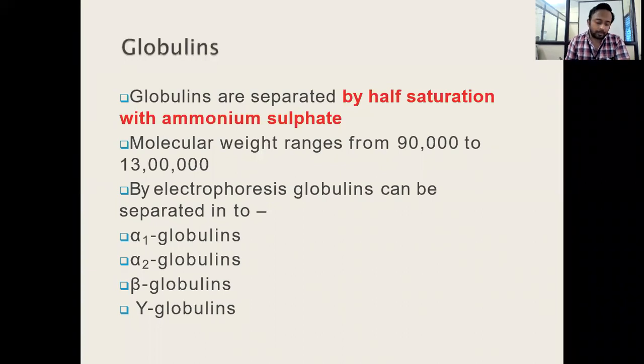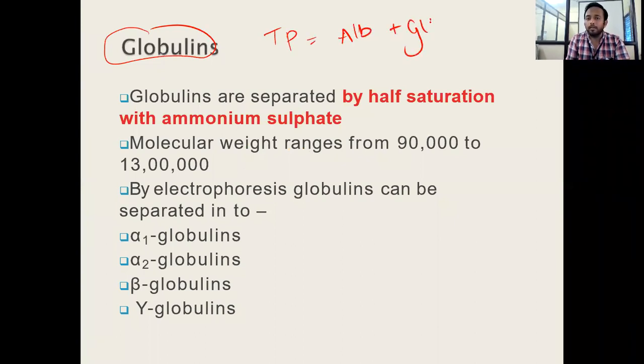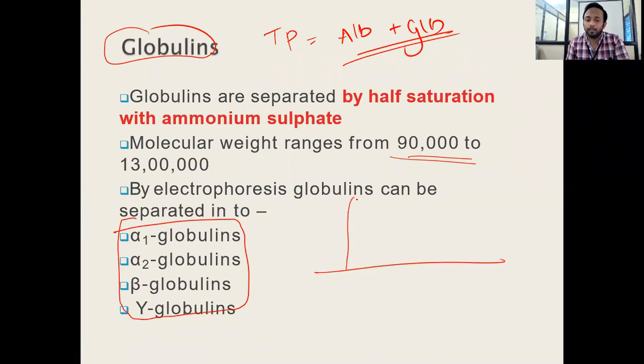hypoalbuminemia. Okay, next comes the globulins. Globulins, as I mentioned, total protein contains albumin and globulin. So globulins are bulkier when compared to amino acids. What you should know in this is it contains fractions, which you have seen on electrophoresis, right?